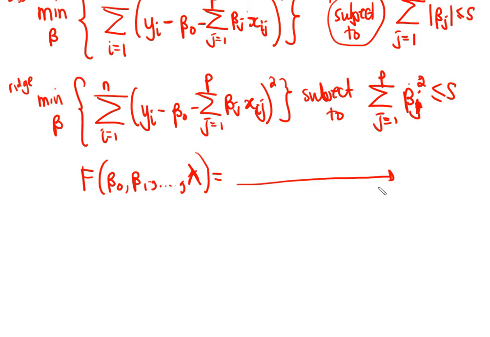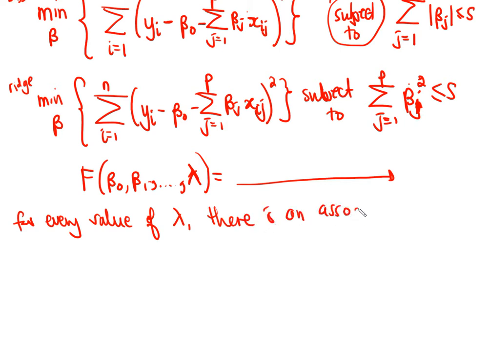What that means is for every value of lambda, there is an associated s, because that's what you will now be changing. You will now be changing this using this lambda, and you have your s. Your s will even be involved in the new functions.